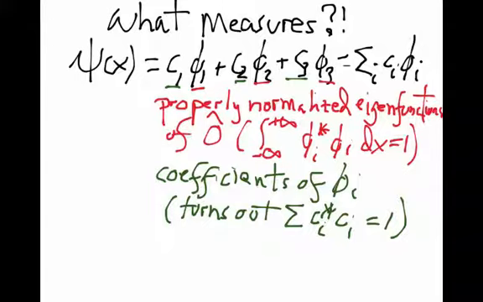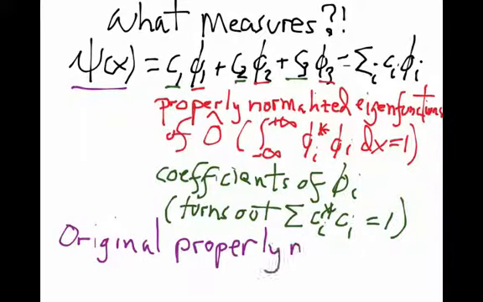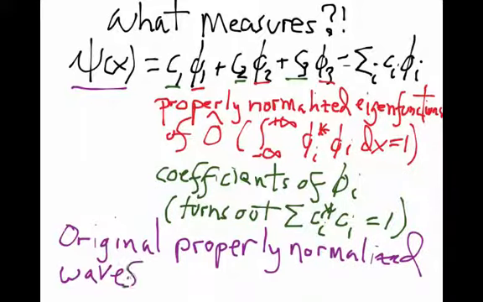And that's a very, very good and very important thing. And again, that's the check. So whenever you have a situation like this, you should square all those coefficients, add them up, and make sure that it comes out to 1. And then psi of x is the original wave function, which also has to be properly normalized.